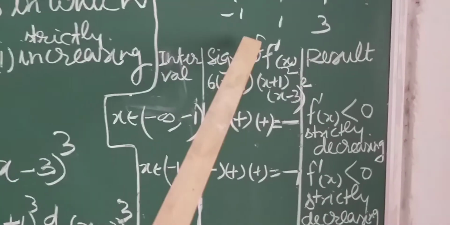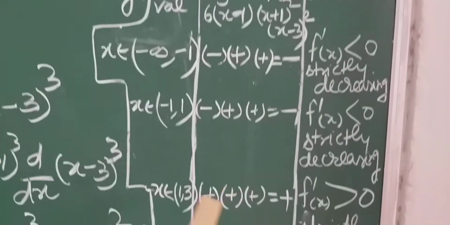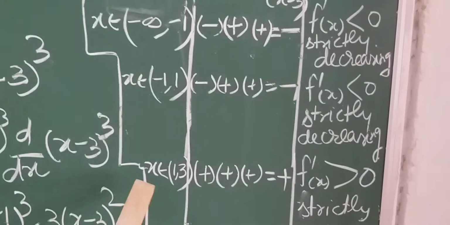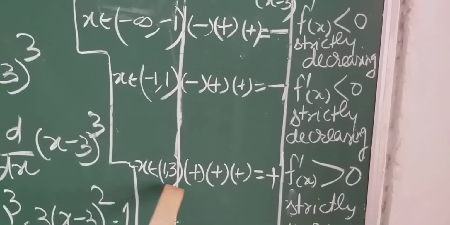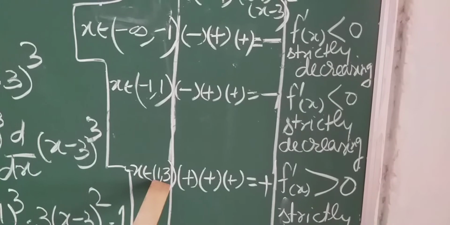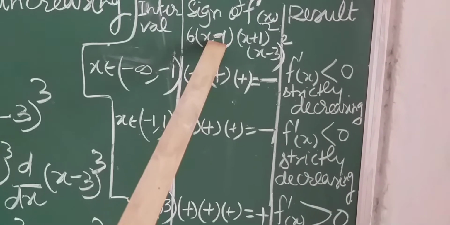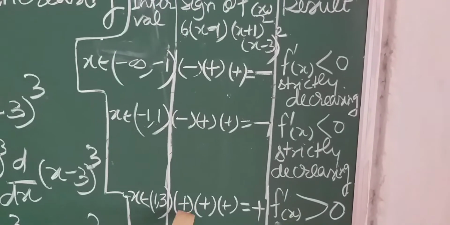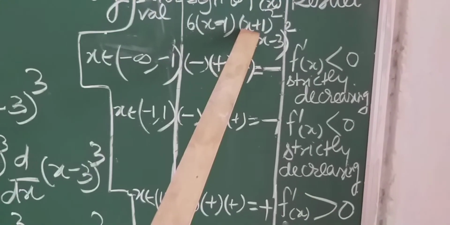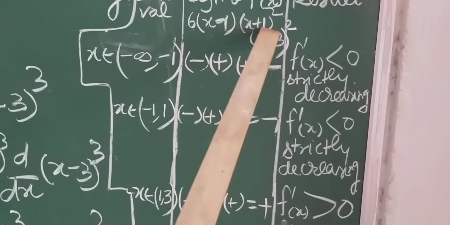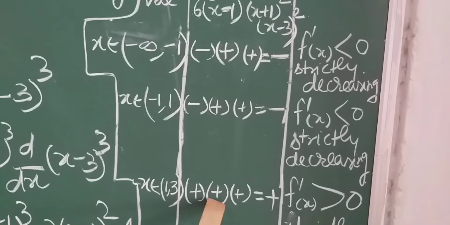Now the next interval is, student, 1 to 3. So we can write here x belongs to 1 to 3. Let us take any value lying between them, 2. So when we put 2 here in x minus 1, it is positive. When we put 2 in (x plus 1) whole square, it will become 9, sign positive.